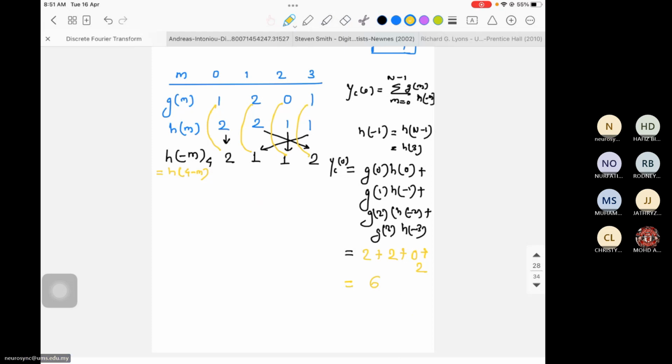Now similarly we will calculate yc of 1.